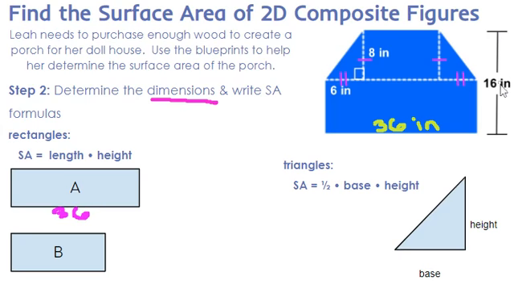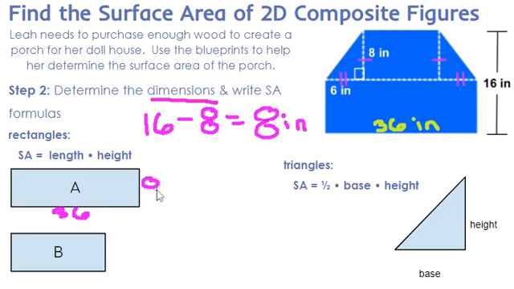But we can calculate the height because we know the whole height of the entire shape is 16 inches. And if we subtract out the 8 inches for the height of each triangle, we'll get the height of just the rectangle here. So the height of just the rectangle is also 8 inches.